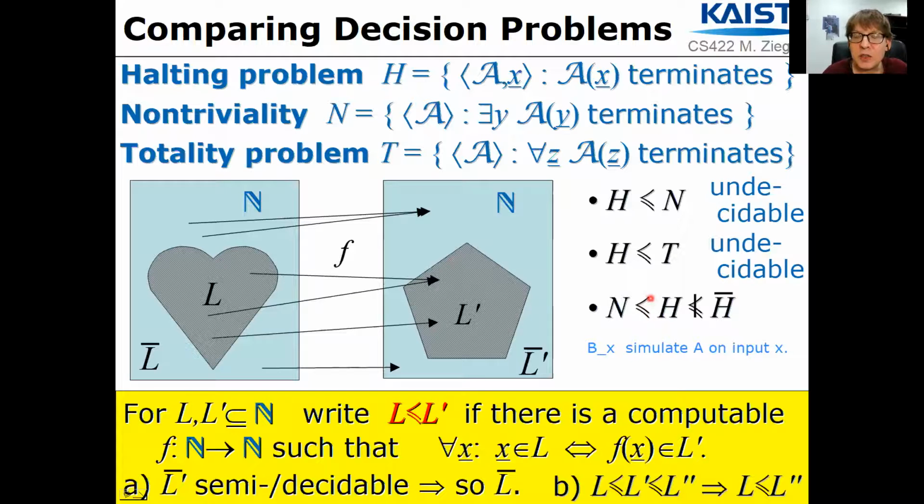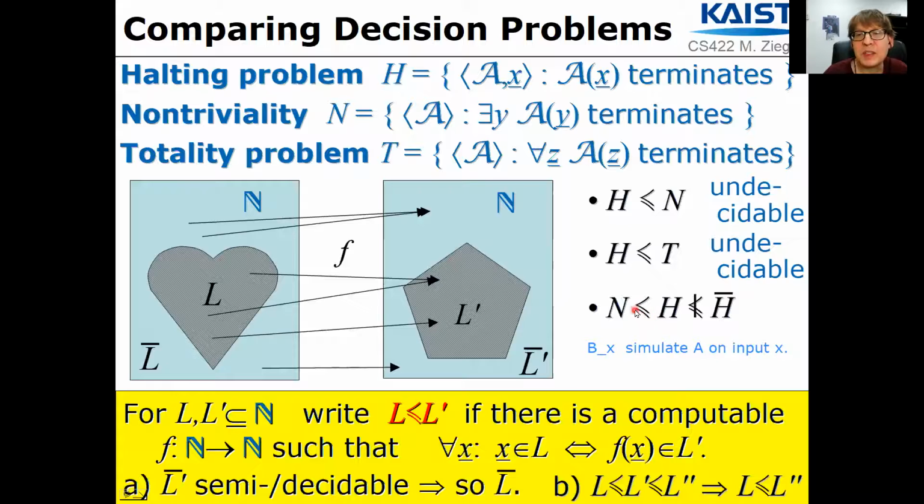That means also that this relation that we've introduced is not an order relation because it violates antisymmetry. Antisymmetry requires that if h is less or equal to n and n is less or equal to h, then both are equal. They are not equal, but they are equivalent with respect to this reduction.